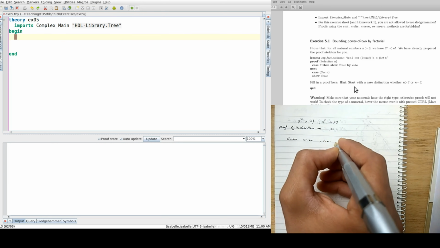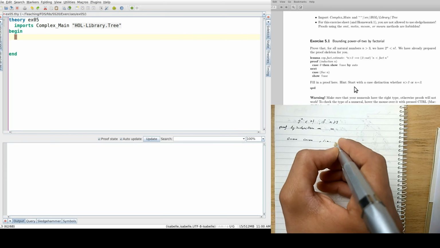So basically what we want to prove here is that if 0 is greater than 3, then we have 2 to the 0 strictly smaller than factorial of 0. And that of course will be true because the assumption here is going to evaluate to false, and false implies everything. Okay.